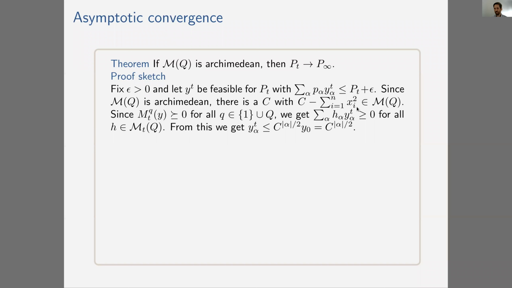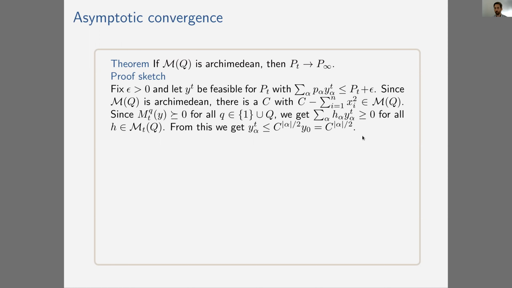One thing you see here is that if you pair y with this polynomial, you get something non-negative. Roughly, this shows that y at an exponent vector of a square is at most c squared. This is very vague, but at least I hope you can see why this is going to be true, and then you need to work it out precisely.